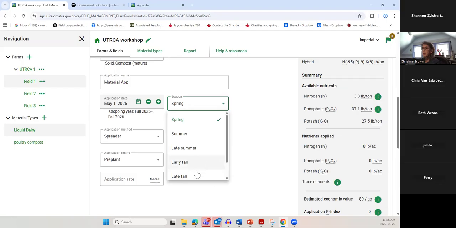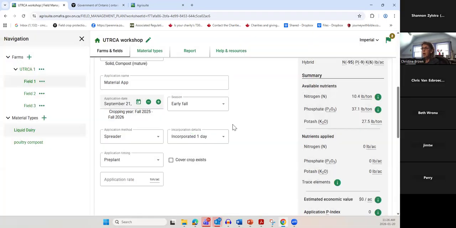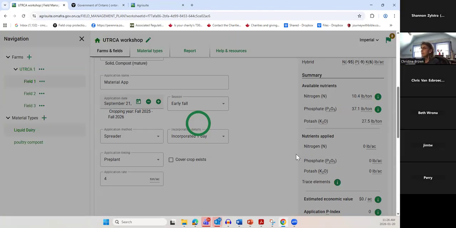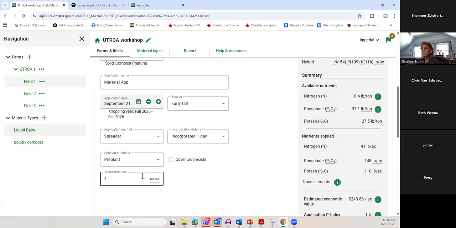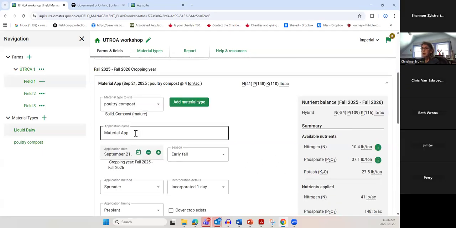Again, it's going to be early fall this time after harvest. And let's apply a rate of, now you probably wouldn't afford this, but let's say 4 tons. Now, if I wanted to use a poultry manure, like actual chicken manure, it would be quite a bit higher in nitrogen.